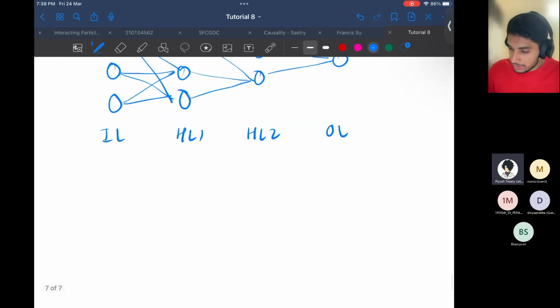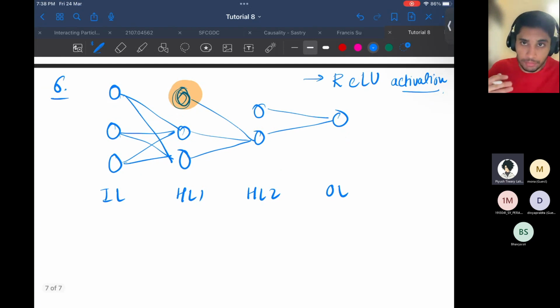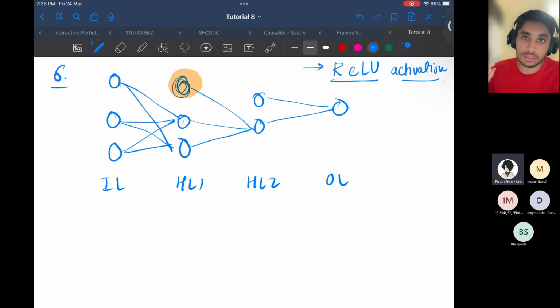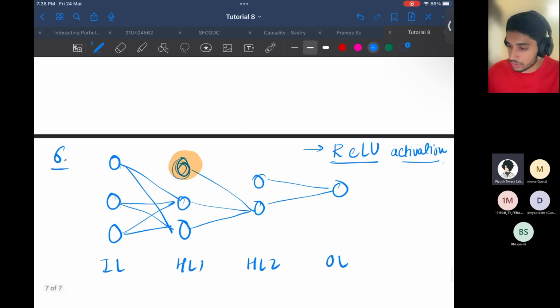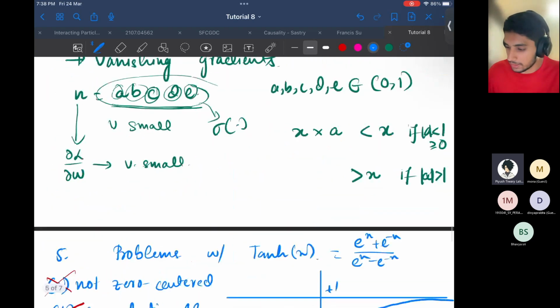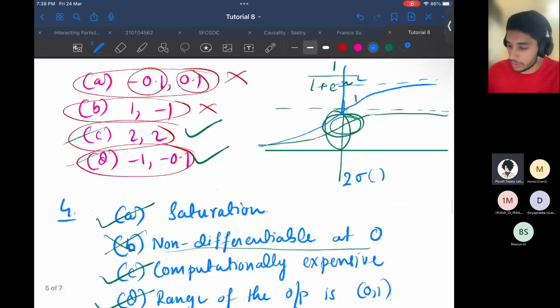I hope by now you will have understood that whenever we are asked that something is not changing or something is staying constant or some saturation is there, it is always due to the activation function, right? As we saw earlier with tanh, and earlier with sigmoid.